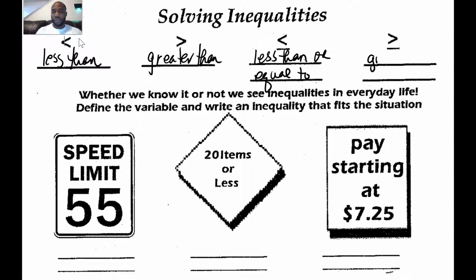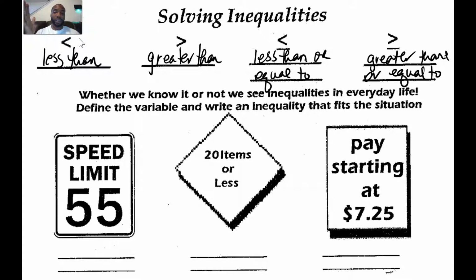And this symbol will be greater than or equal to. Now you might have learned this like wherever the mouth is open, that's how you know if it's greater than or less than, from reading from left to right. So that's what we're looking at right now: less than, greater than, less than or equal to, or greater than or equal to.